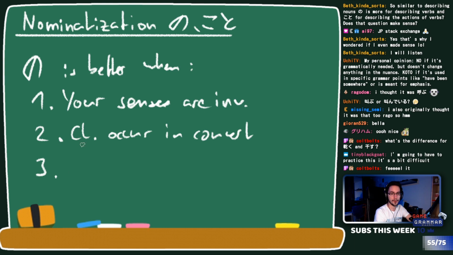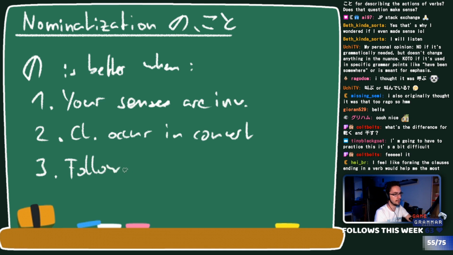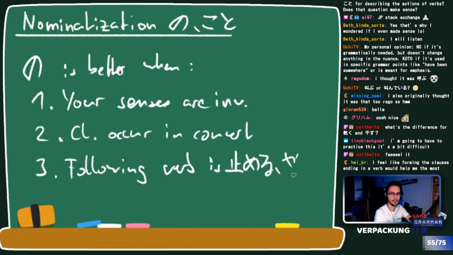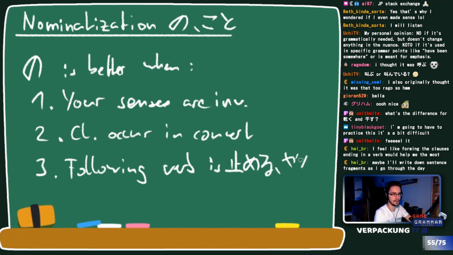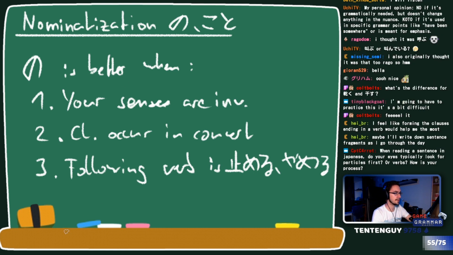When the following verb is tomeru or yameru, etc., like to stop doing something, that's commonly done with no as well. Yameru. Okay, quick example here as well.